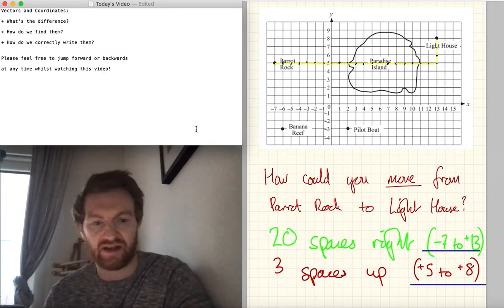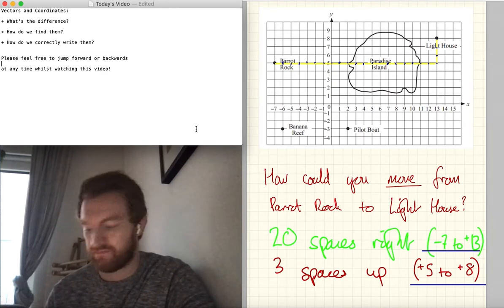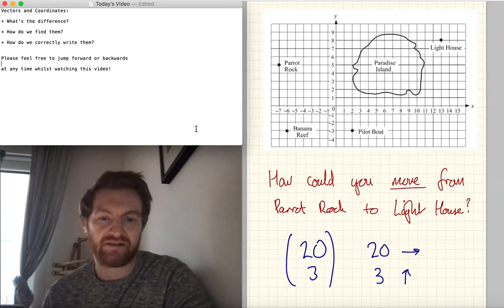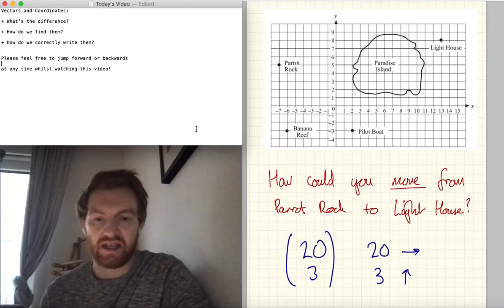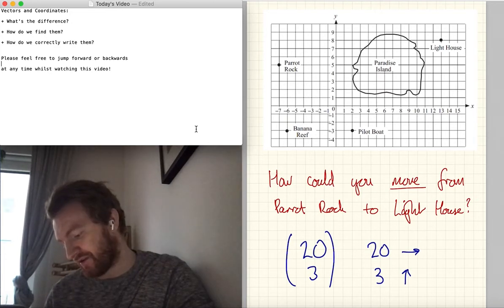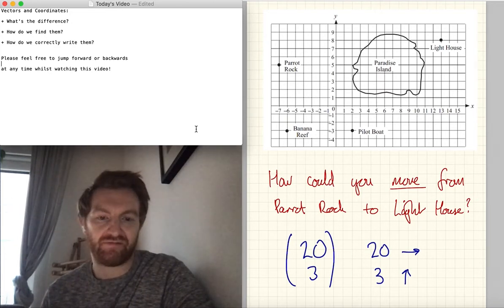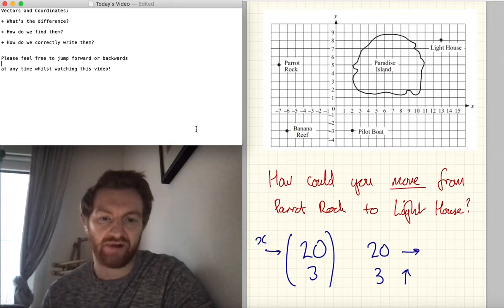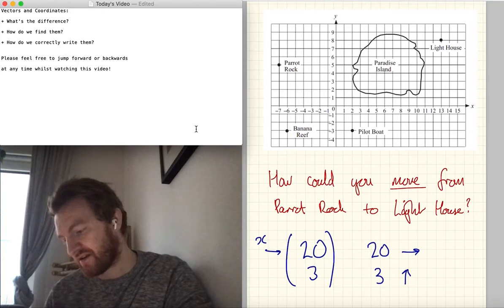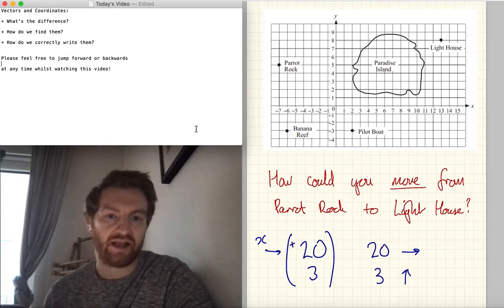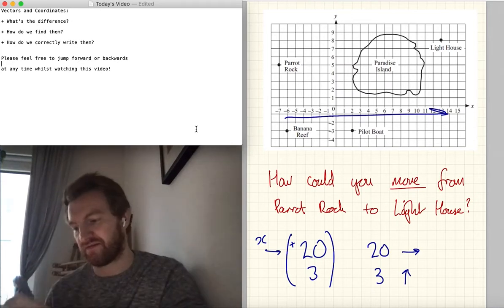And that looks something like this. So a vector is kind of like a coordinate turned on its side. We put the x-axis on the top, the left and right. So here I've moved 20 to the right. We say it's positive 20 because if you look at the numbers on the grid, as we go to the right, they go from negative to positive.